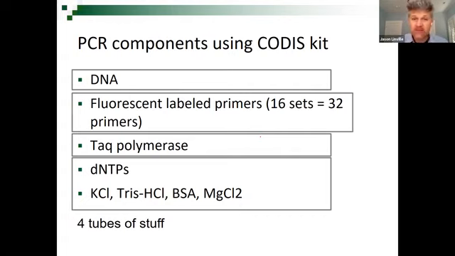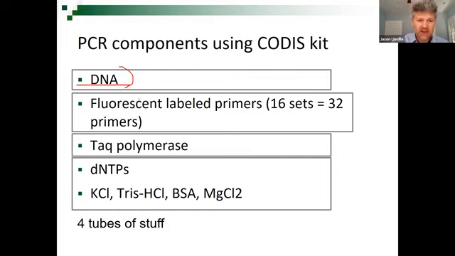PCR components, okay? Let's say that we're amplifying not 1 locus, but we're amplifying 13. Well, we're going to buy it from a company, right? If you buy a kit from a company, what do you get? Well, you don't get the DNA, right? You need to provide the DNA from your suspect, okay? So you provide that.